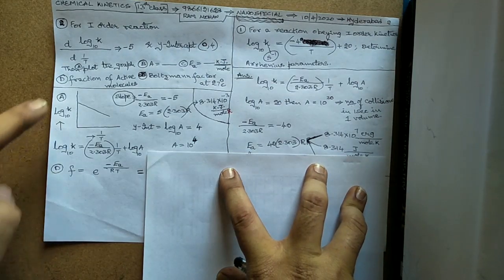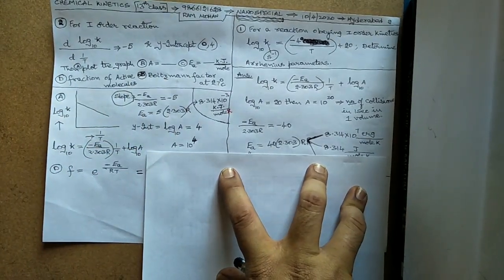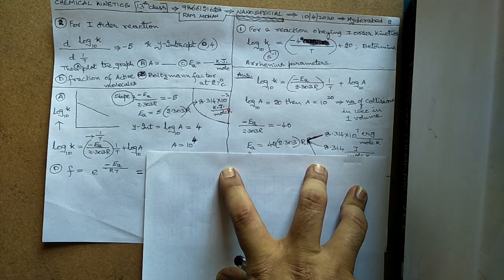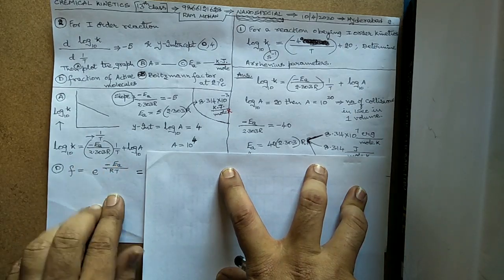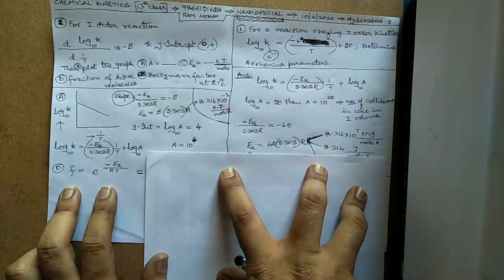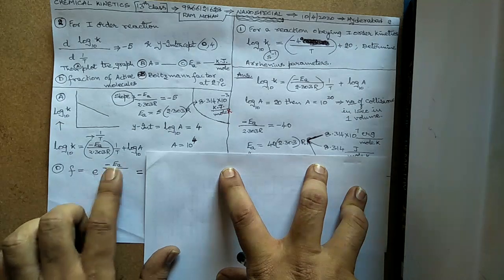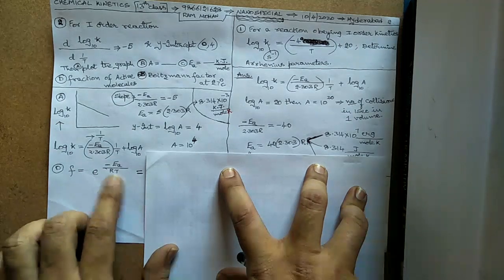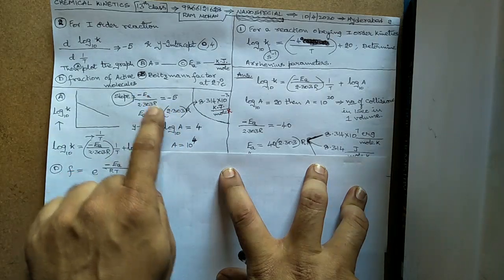Now what are we asked in the fourth bit? We are asked to find Boltzmann factor at 27 degrees Celsius. What exactly is the Boltzmann factor? It's a fraction. Why are we saying fraction? 1 divided by this entire part. So how to calculate? Apply log. Determine this in a simplified form. Anyhow, they have given minus Ea by 2.303 R as minus 5. So what is Ea by R?